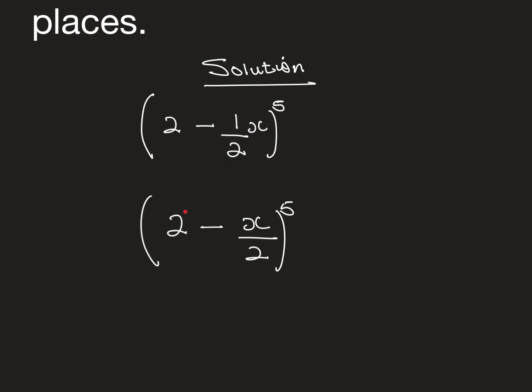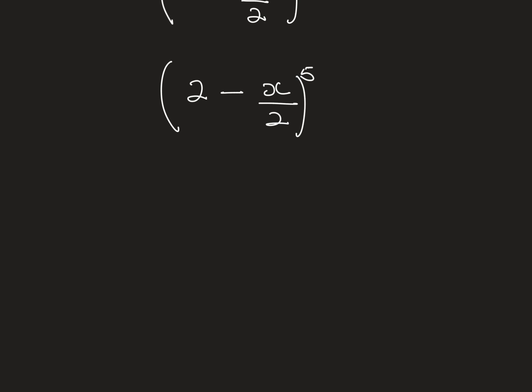Okay, so this now looks like a binomial, right? So we can use the combination method to expand this binomial. And how do we go about that? So the maximum power is 5, so we will start with 5 combination 0.